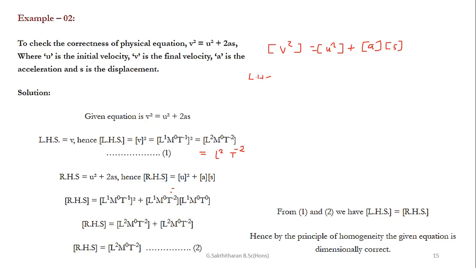Here u is also velocity, so L^2 T^-2, plus dimension of acceleration is LT^-2, dimensions of displacement is L. So here L into L, multiplied by L, gives L^2 T^-2, plus L^2 T^-2.